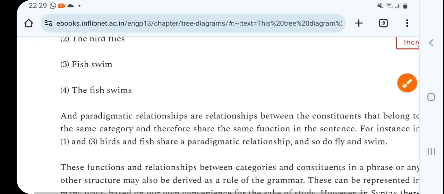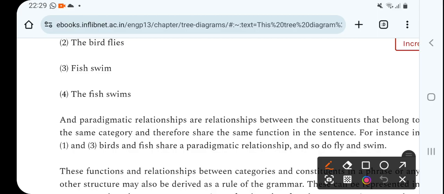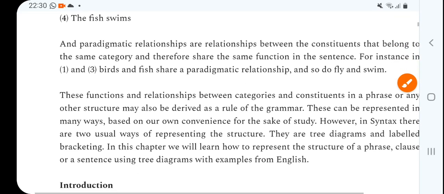Paradigmatic means birds cannot swim, birds can only fly and fish can only swim, and fish cannot fly. So this relationship is called paradigmatic.